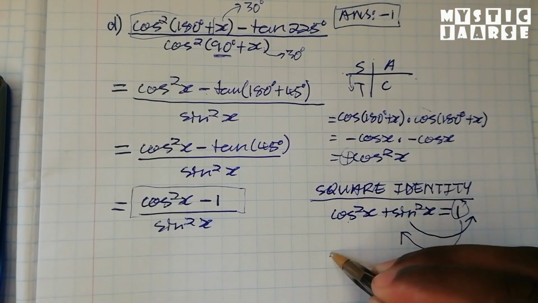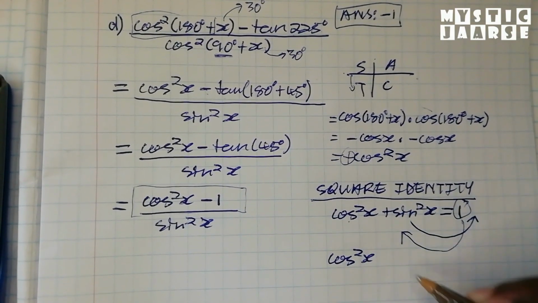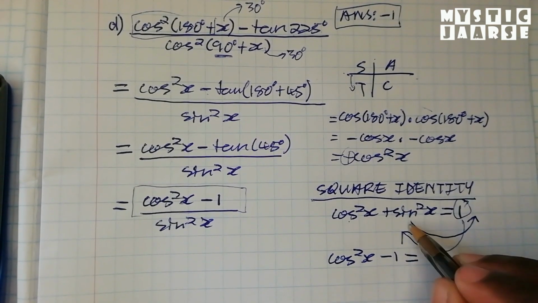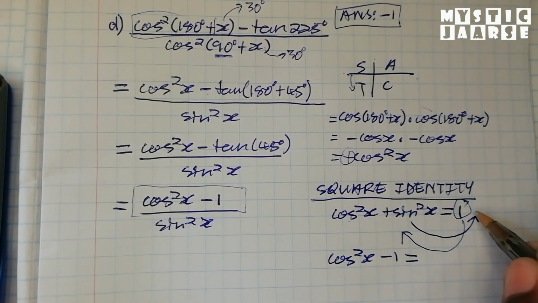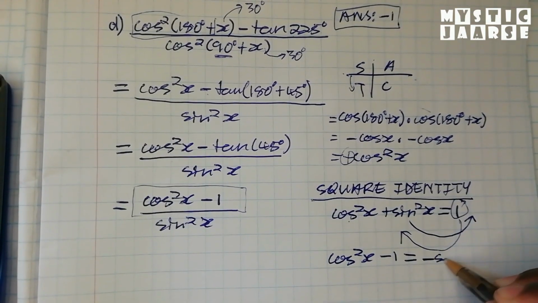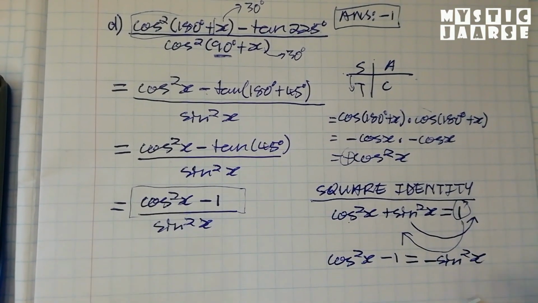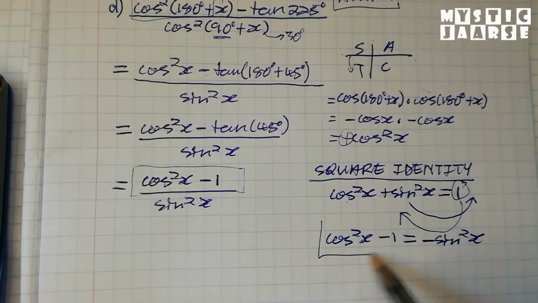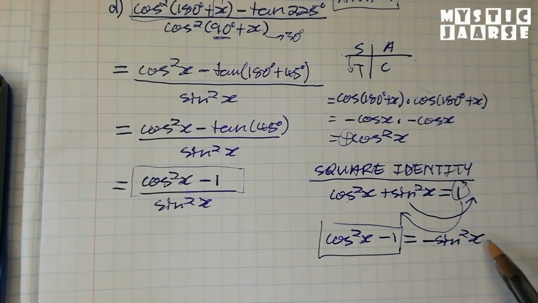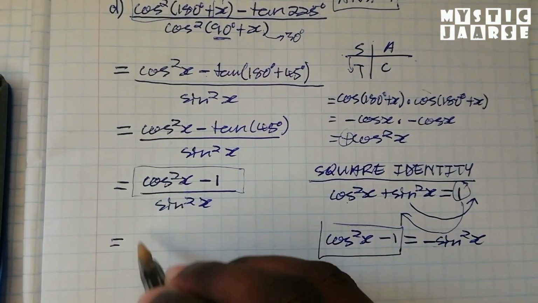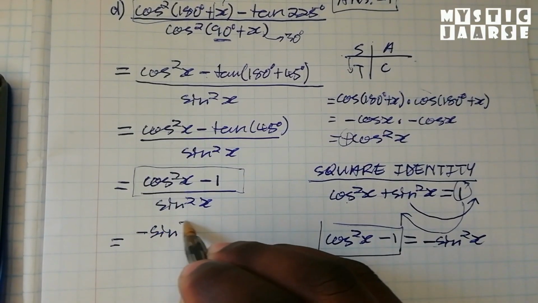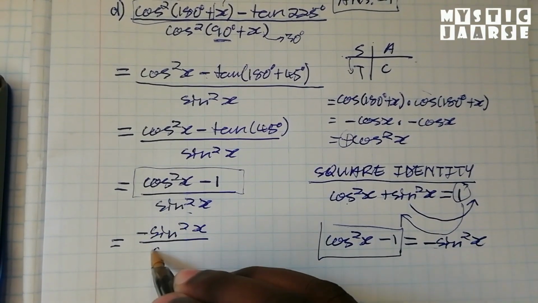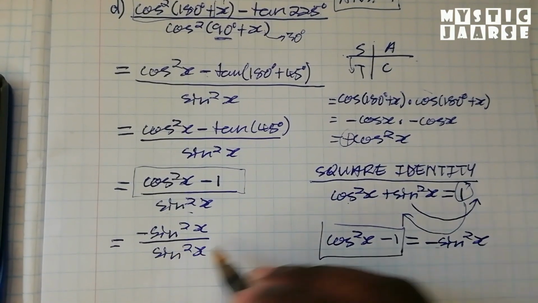We will have cos squared x minus 1 is equal to negative sine squared x, because when you take it to this side, it is going to be negative. Therefore, cos squared x minus 1 is equal to negative sine squared x. So we have negative sine squared x divided by a positive sine squared x.